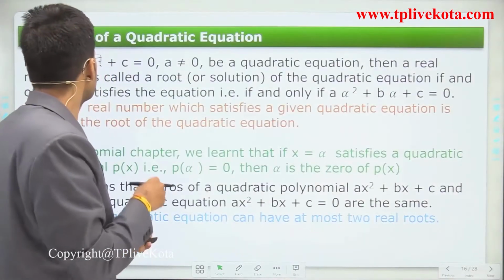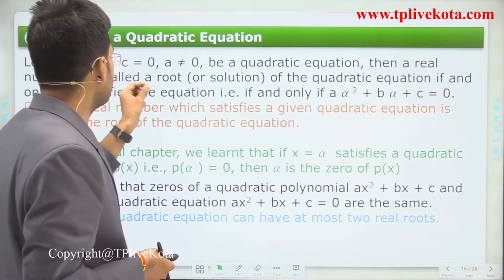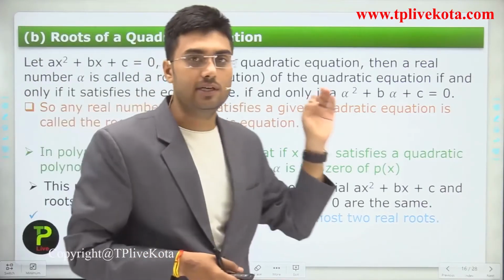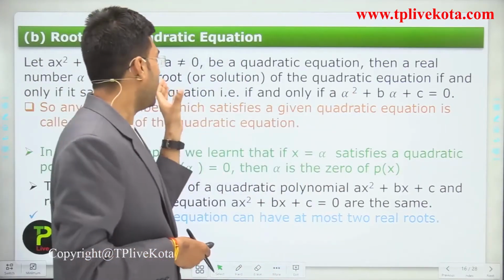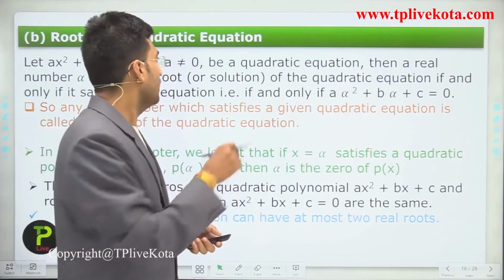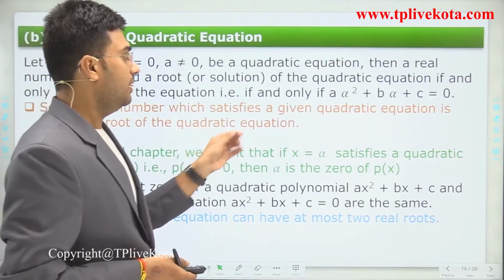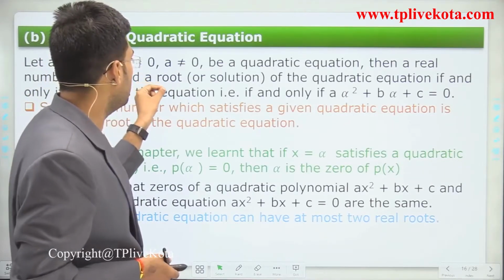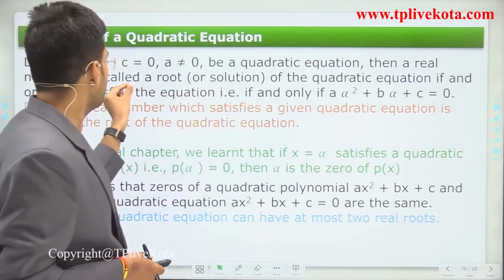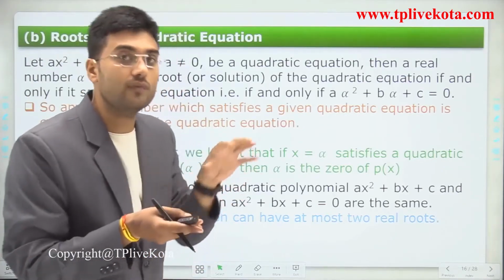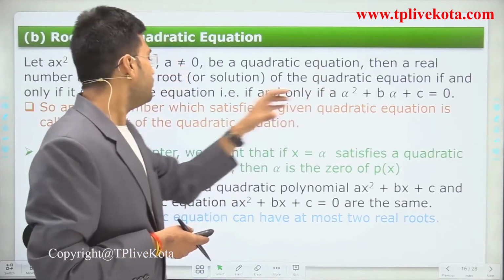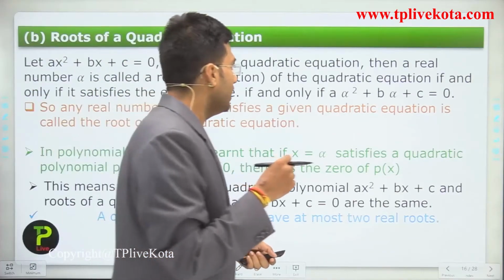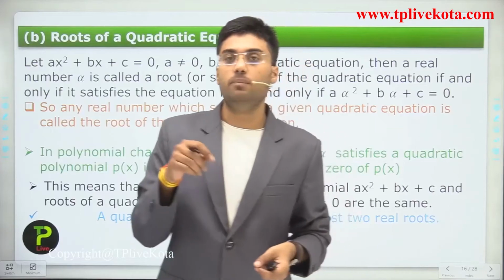Let ax square plus bx plus c equal to 0. This is the standard form of a quadratic equation, and a should not be equal to 0 for it to be a quadratic equation. Then a real number alpha is called a root or solution of this quadratic equation if and only if it satisfies the equation, that is, a alpha square plus b alpha plus c equal to 0.